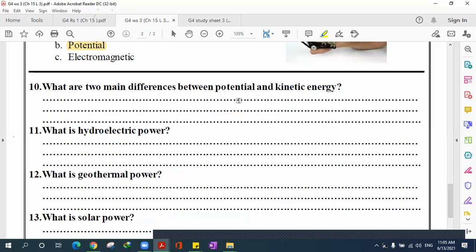For example, what is kinetic energy? It's the energy of what? Joyda, use your own words.